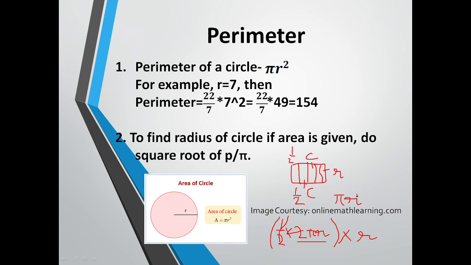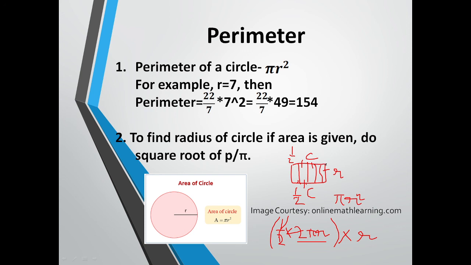I'll explain a bit again in less time. We take all the radii of the circle, and all the radii form a rectangle. The length of the rectangle is the radius, and the breadth is half of the circumference, as this side forms half and this side forms half to get the full circumference.